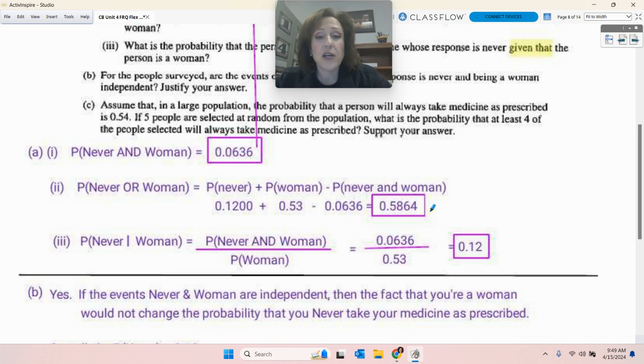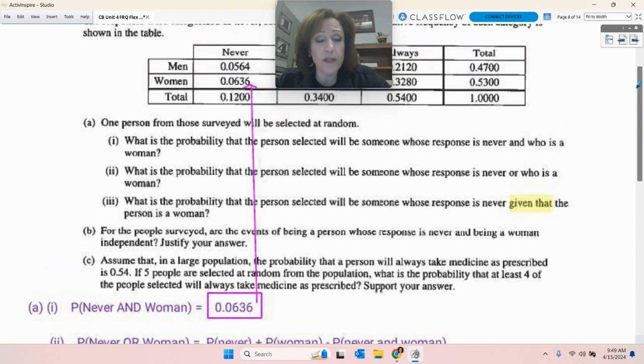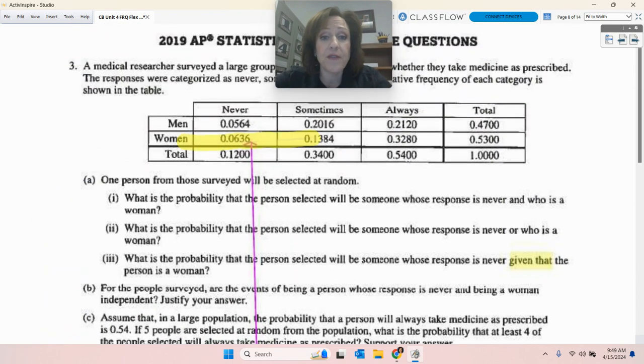Okay, so the way to get credit on that part 2 there was show work and get the correct answer. Number 3, this was a conditional. It was given that you are a woman. So out of the 53% that are women, what proportion of the women said never?